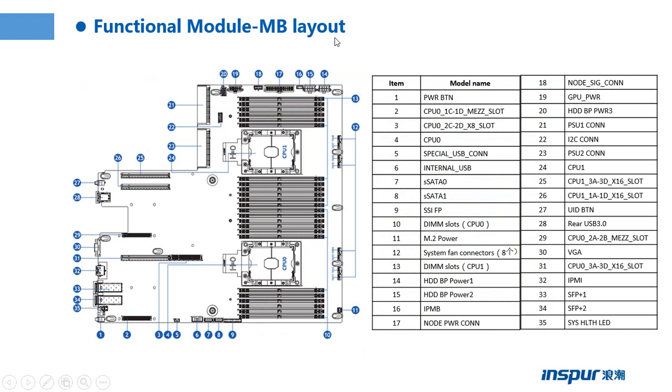This page is the motherboard layout. This one is the layout picture of the motherboard. From the numbers, we can see the module names. For example, 24 and 4 are the memories of CPU 0, and 24 is CPU 1, and 25 and 26 are the PCI slots.